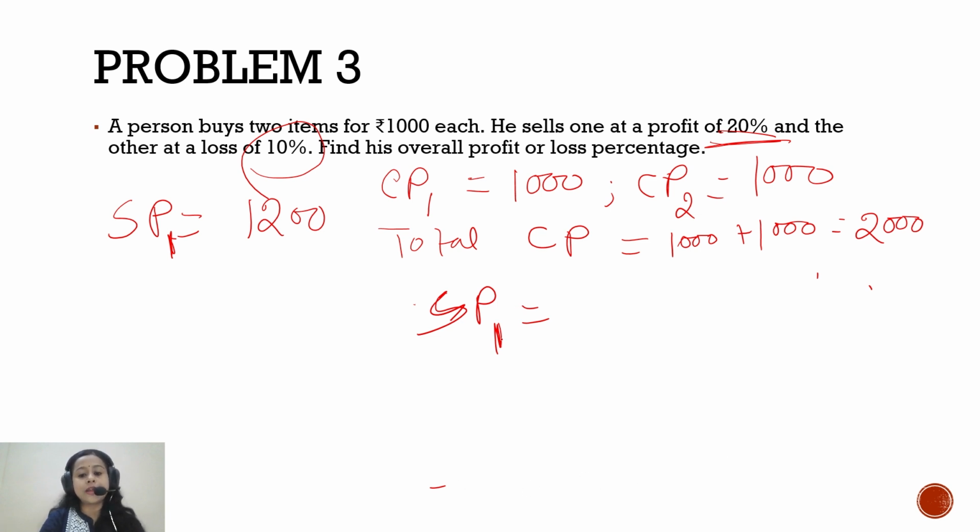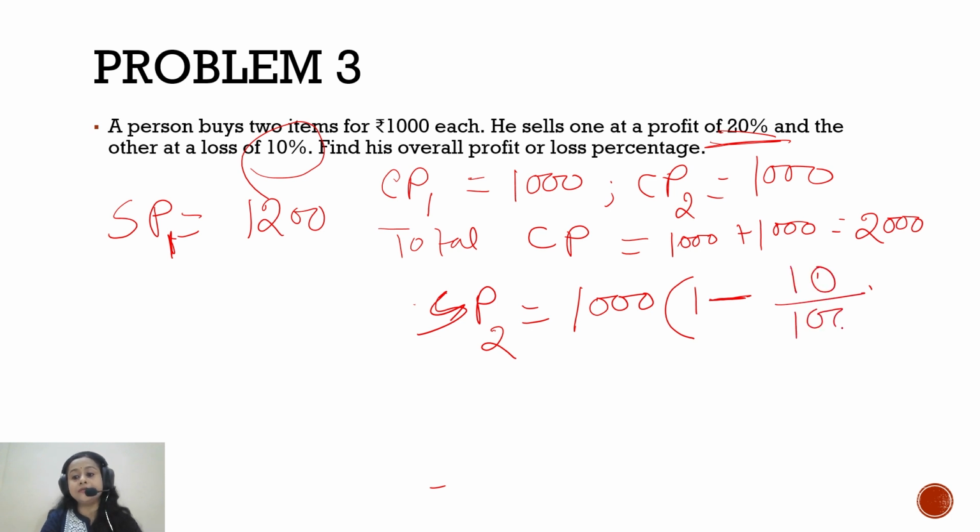So the selling price of the second item will be the same, cost price into 1. Since it is a loss, we have to subtract the loss percentage by 100. Okay, so it will just cancel out and there will be 1 in the numerator, and in the denominator it will be 10.